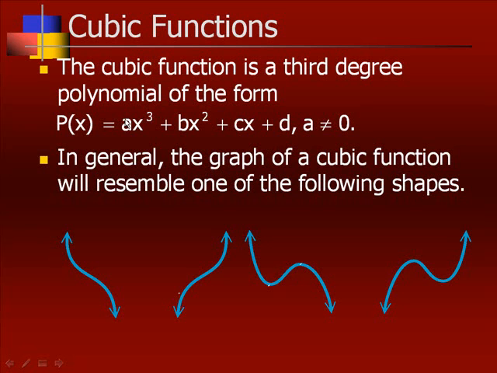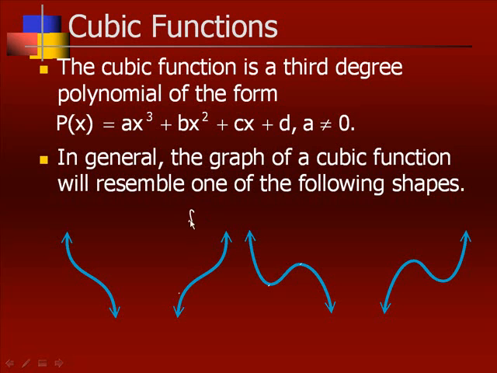The cubic function is a third degree polynomial of the form p of x equals ax to the third plus bx to the second plus cx plus d, where a is not equal to 0. In general, the graph of a cubic function will resemble one of the following shapes.